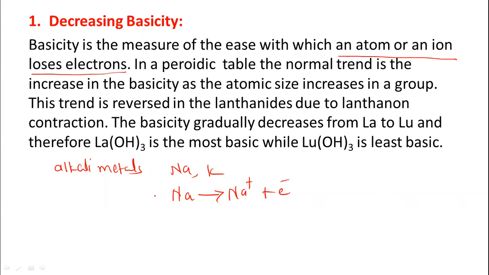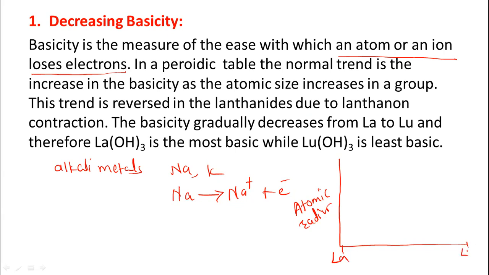Decreasing basicity. Now, from lanthanum to lutetium, the ionic radius decreases. Suppose we plot the graph of atomic radius versus the lanthanide elements, from lanthanum to lutetium.